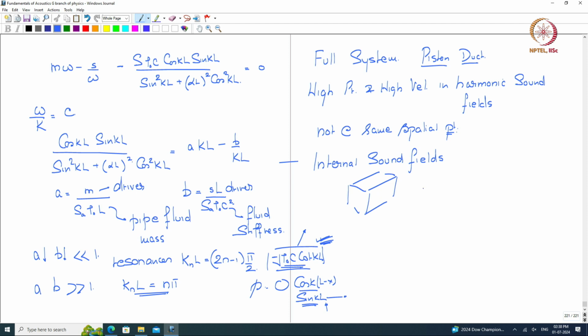Then we talk of a situation where the pressure everywhere is something in the front and the denominator is k_mnq squared minus k squared, and when k squared matches k_mnq squared, you get infinite pressures. Okay, so this is also called a resonance.